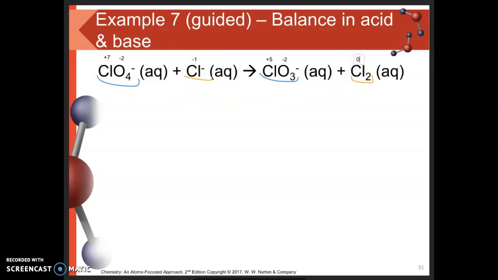That's probably significant to us. If we look, I went from +7 to +5. The difference between 7 and 5 would be a gain of 2 electrons, which would mean that this is a reduction.